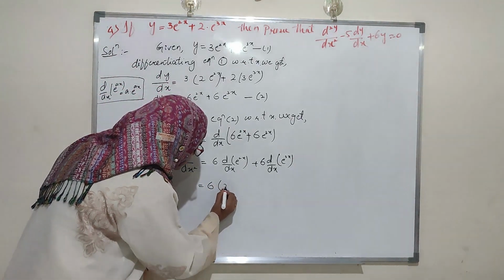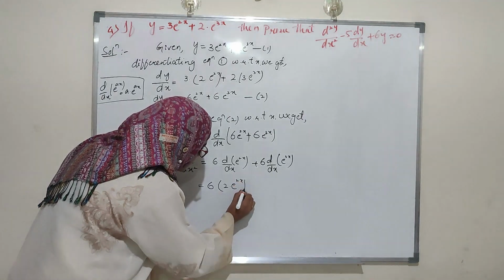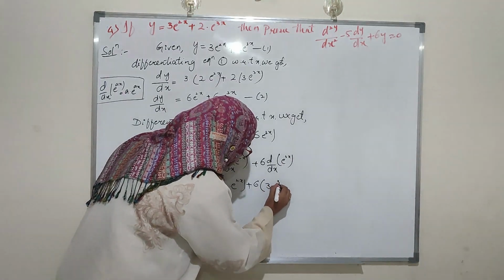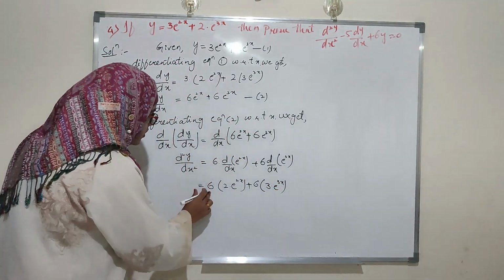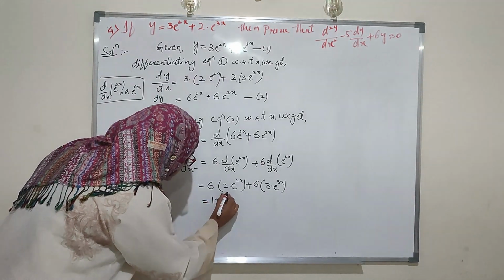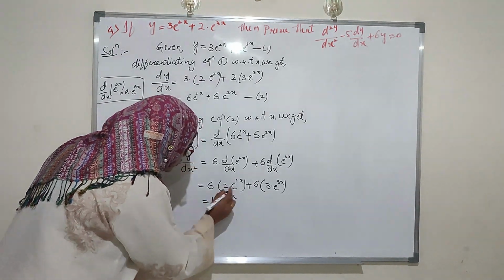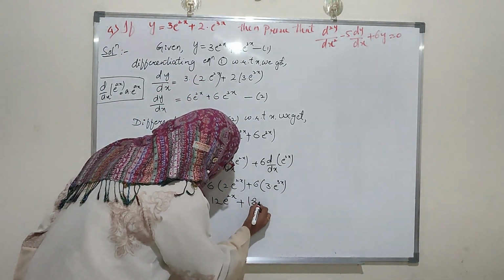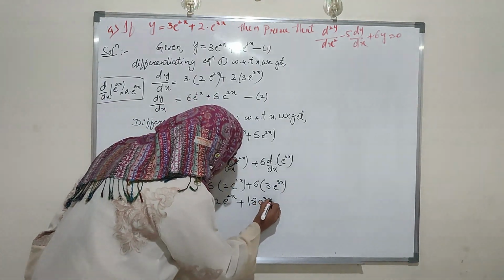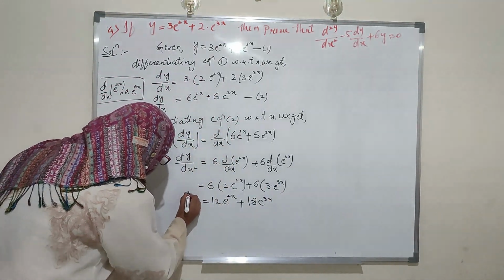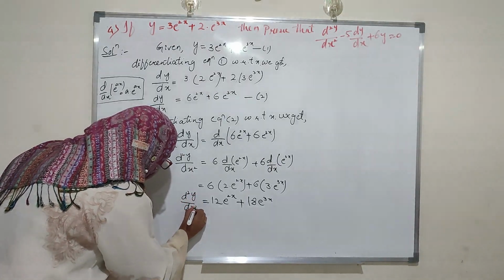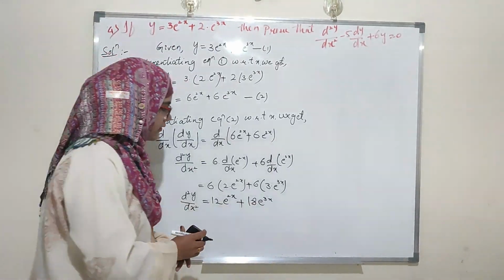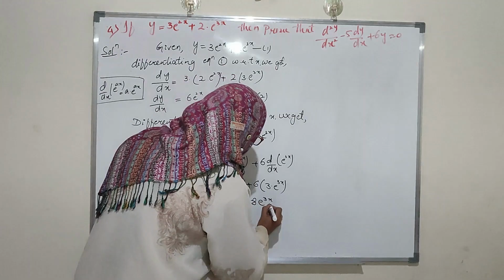So I am using this formula: 2 into e raised to 2x, plus 6 as it is, 3 into e raised to 3x. So 6 twos are 12, 12 into e raised to 2x, plus 6 threes are 18 into e raised to 3x. We got d2y by dx square as 12 e raised to 2x plus 18 e raised to 3x. Name this one as equation 3.